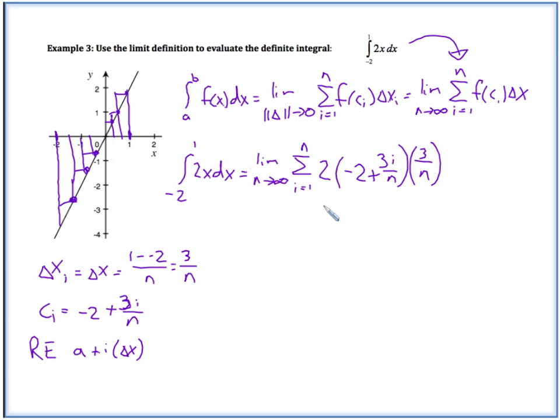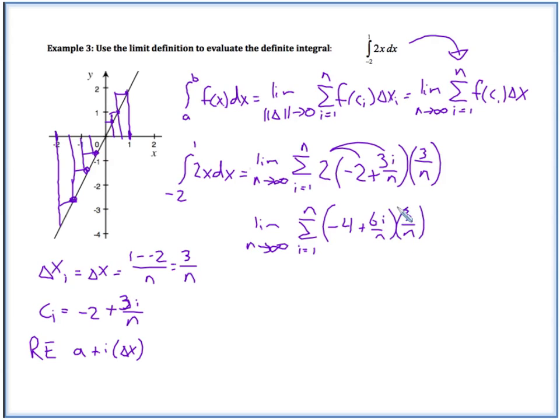We'll distribute everything. Okay. So the 2 is going to go in. So we have -4 plus 6i over n.